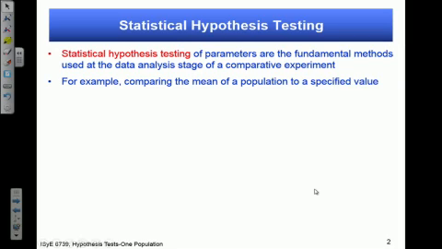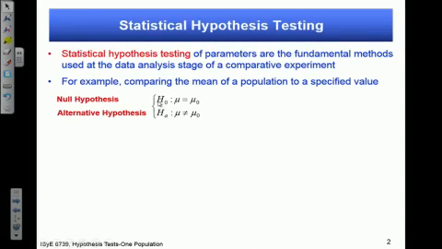If we want to check a claim about a parameter of the population, then we use statistical hypothesis testing. So we make some hypothesis first, then we use a sample to test whether those hypotheses are correct or not, statistically.